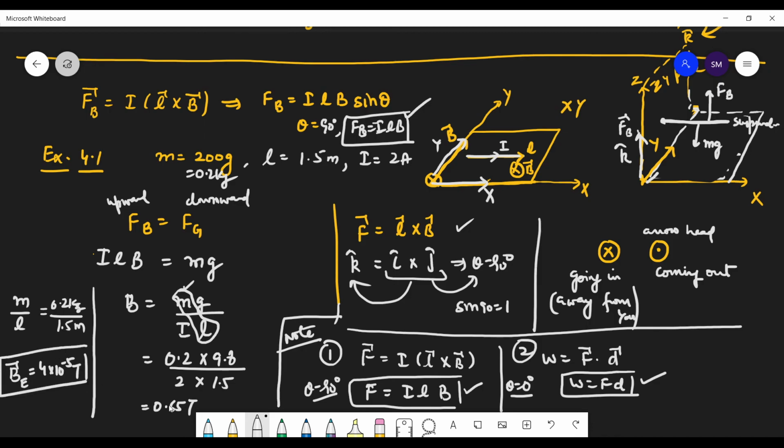So you can see here the field is 0.65 Tesla, which is much more than this. Is this clear? So that is why the magnetic field of Earth is ignored. Students, I hope this question is clear to you. Shall we move on to the next question? Done?